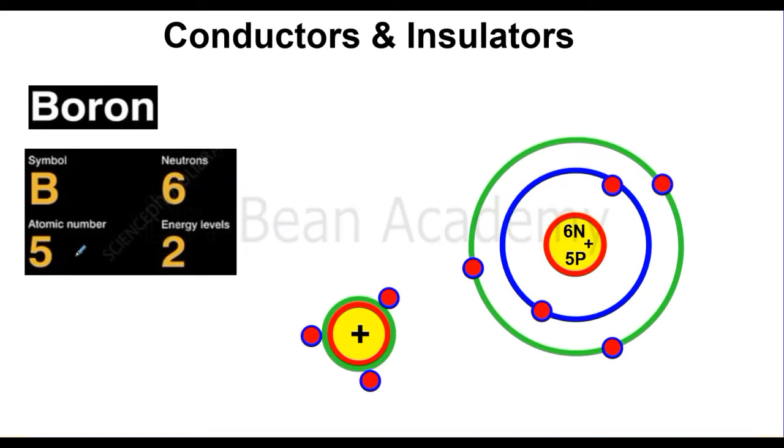Boron has 5 electrons and 5 protons, and the distribution of these 5 electrons is like this. In the first orbit there are 2 electrons, and then in the outermost or valence shell I have 3 electrons.